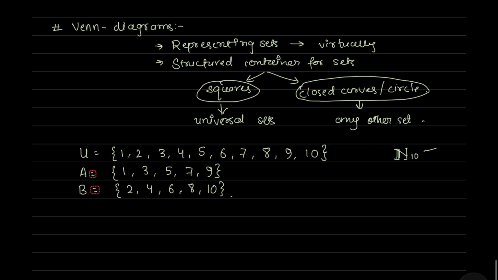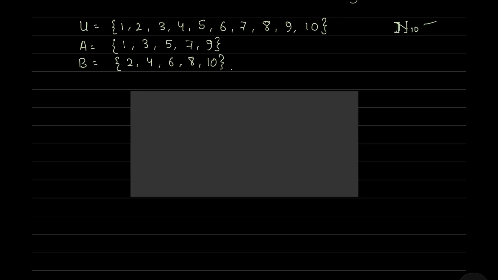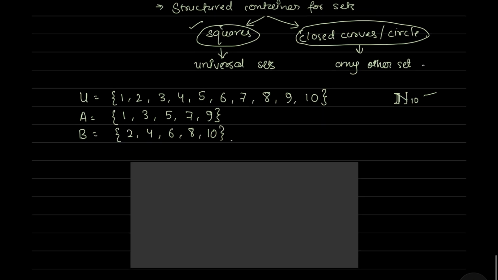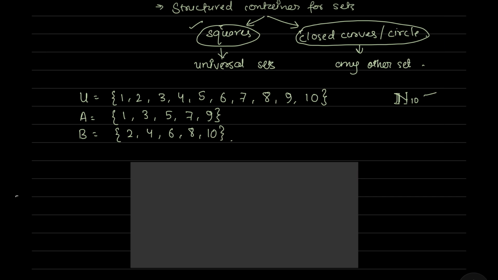Now as I had mentioned before, squares are usually used for universal sets. This is not a square basically, this is a square slash rectangle. So as I mentioned earlier that we use squares for universal sets, you can also add the fact that we can use rectangles, basically any kind of rectangle, for universal sets.